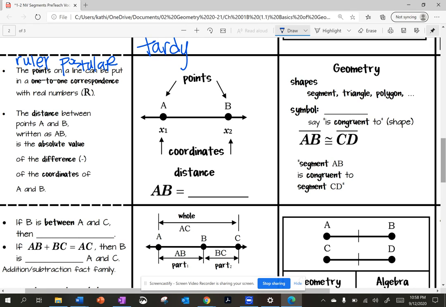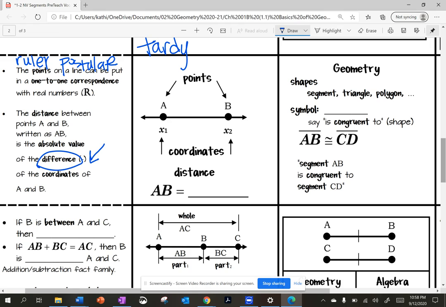And the distance between point A and B, written as the distance of A to B, is the absolute value of the difference of the coordinates of A and B. So difference means I'm going to subtract. So this means I'm subtracting.